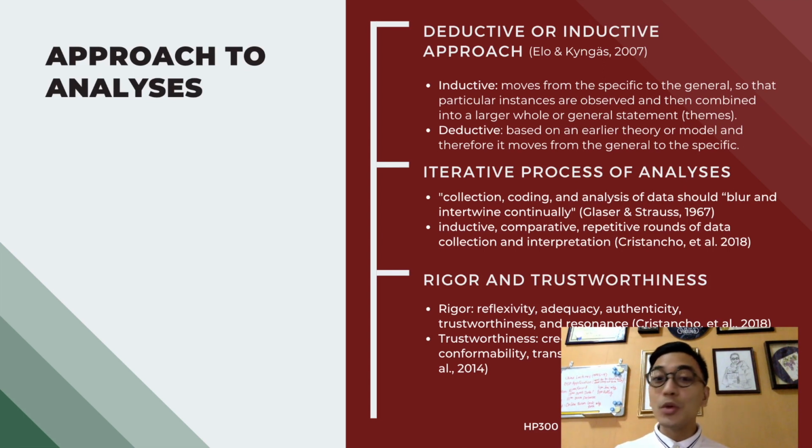Now, you're not just doing it based on your own personal interpretation or your personal opinion. There is also a systematic way of doing your interpretation, and you have to look into these different components to ensure that your research has rigor and trustworthiness.